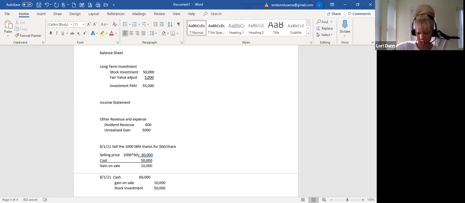Okay, so we just wanted to make sure we got through those. So you've seen some of these already when we did our debt investment. The major one that's different, I think, is you got a dividend instead of interest. Equity investment, so when the company owns stock and they don't have significant influence, we call it insignificant influence.